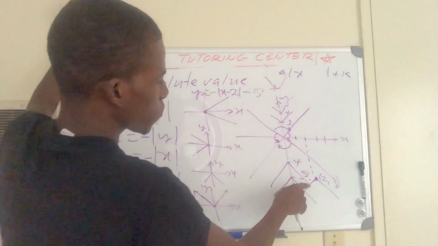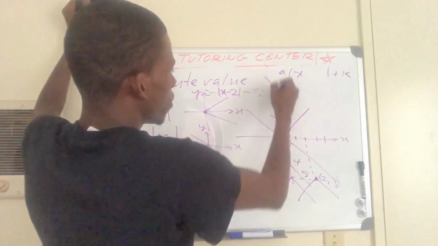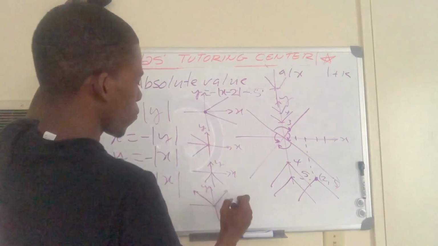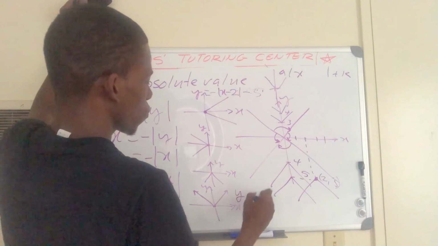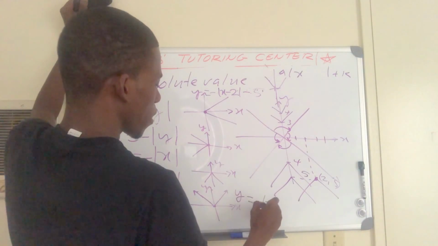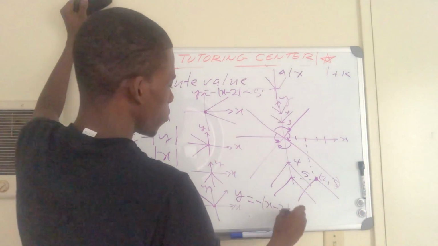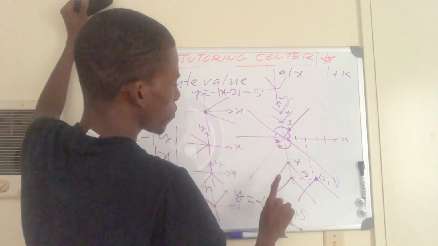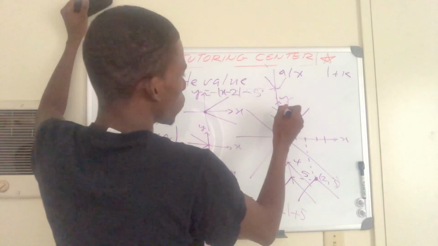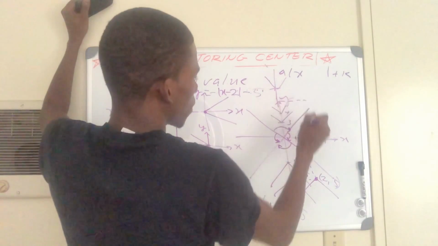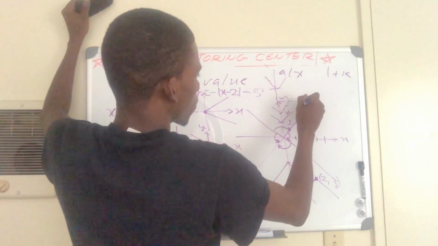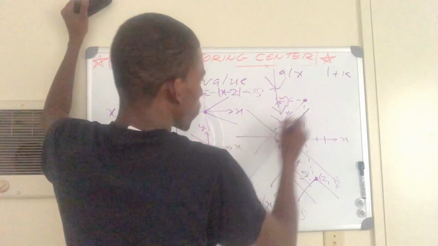Negative 5, because if it's plus 5, I have to go all the way up here. If it was y equal to negative absolute value of x minus 2 plus 5, my plus 5 is up, so I would have to go 3, 4, 5 and 2, and my function would go down.